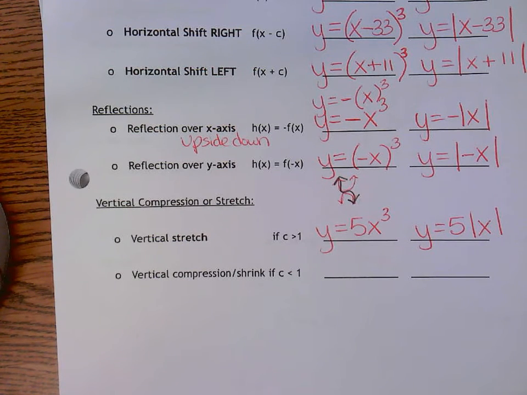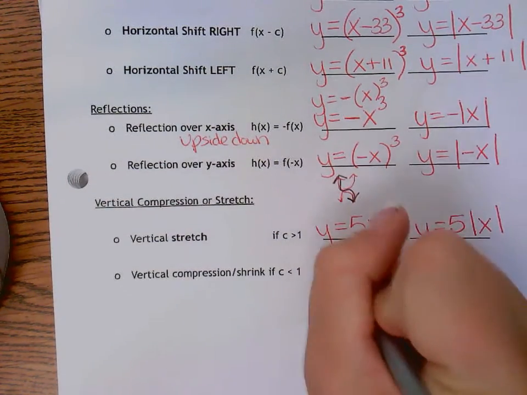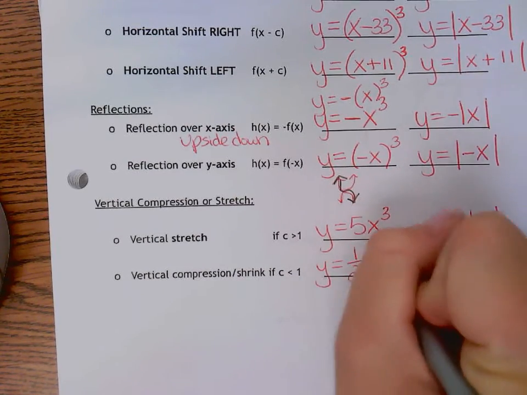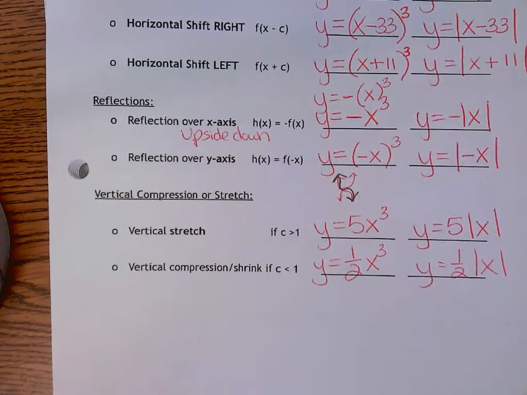All right, and then give me your favorite fraction. It has to be less than 1, like a half, a seventh, a fourth, 3/4. Half is easiest. So we want to do half of x cubed or half of the absolute value function.